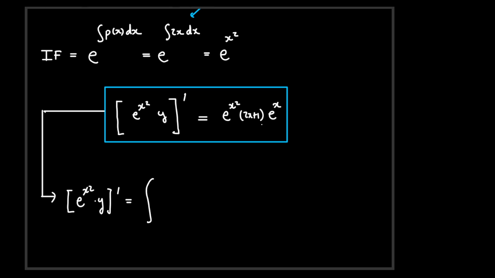And I'm just going to simplify the right-hand side a bit. This is just going to be equal to e to the x squared. Now, because we have a common base here, we can just add the exponents and we get e to the x squared plus x times 2x plus 1 dx.